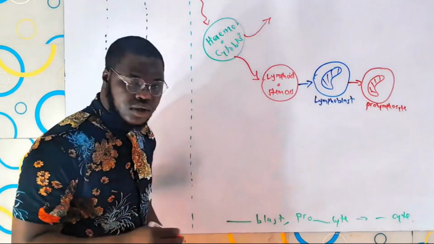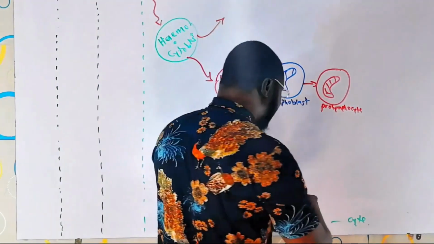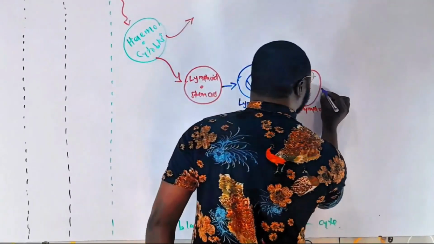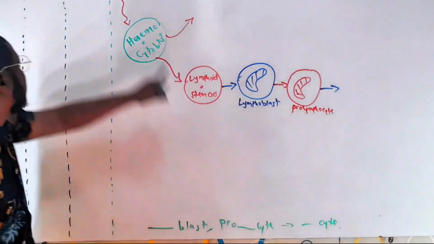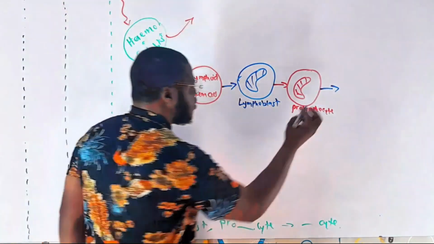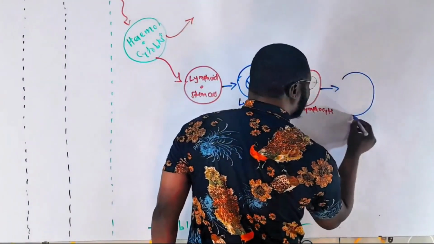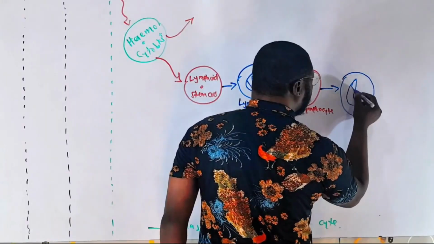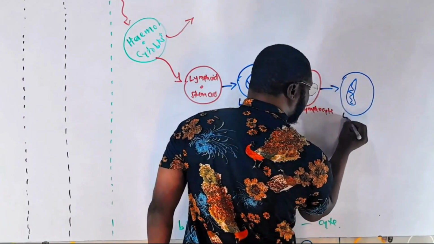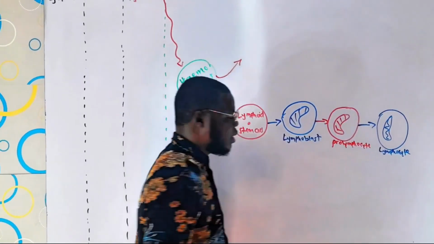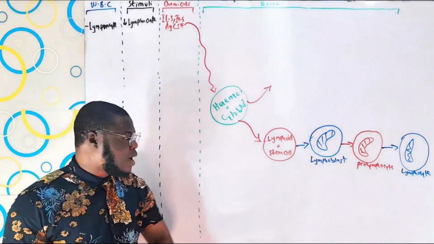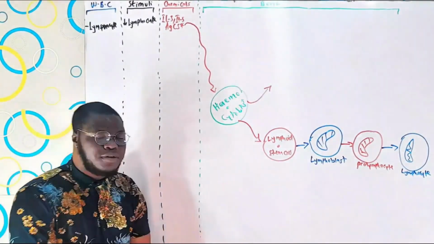And finally, it is going to become the dash-site, which is what you are trying to produce, the lymphocyte. So it becomes a lymphocyte later. As simple as that, guys. Now, that is the production of lymphocytes.